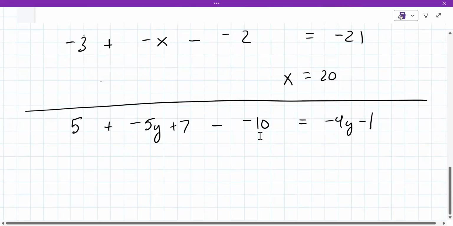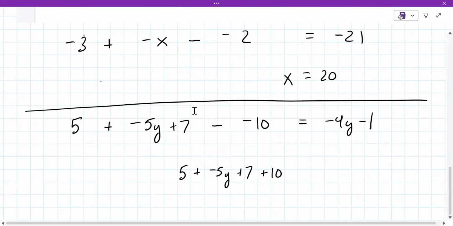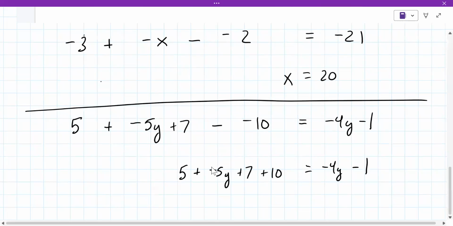With all the white space, it's a little bit cumbersome to look at, so we're just going to work it a little better. 5 plus -5y plus 7 plus 10. So those two negatives become a positive, equals -4y minus 1. Just condensing it, making it more readable.